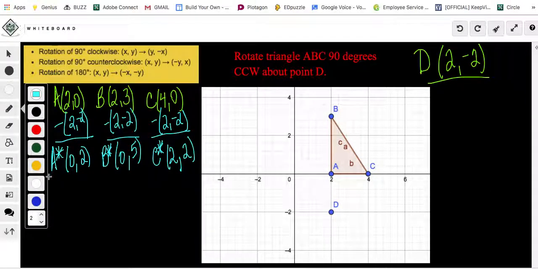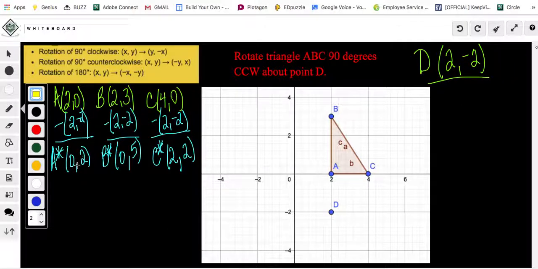So now we have our little pretend points that we're going to use. And we're going to use our rules that we already know, and I have them written up here, about rotation around the origin. So if we want to go 90 degrees counterclockwise, we're going to look up here. And of course, you'll have these memorized, right? X comma Y becomes negative Y comma X. So that's the next step.